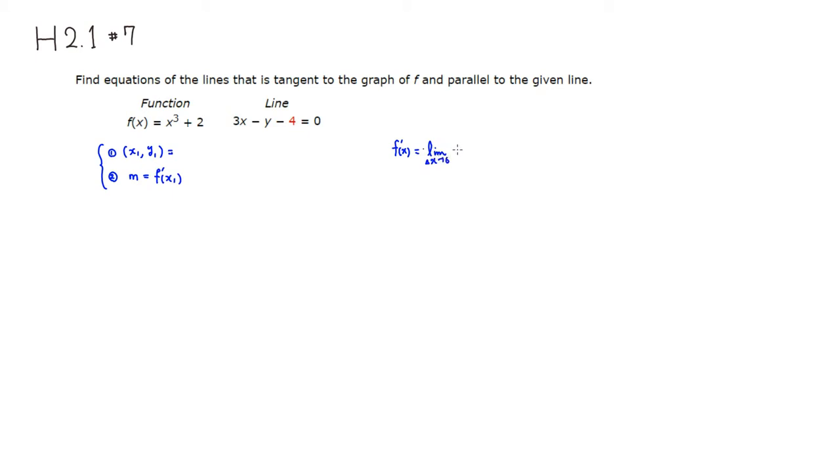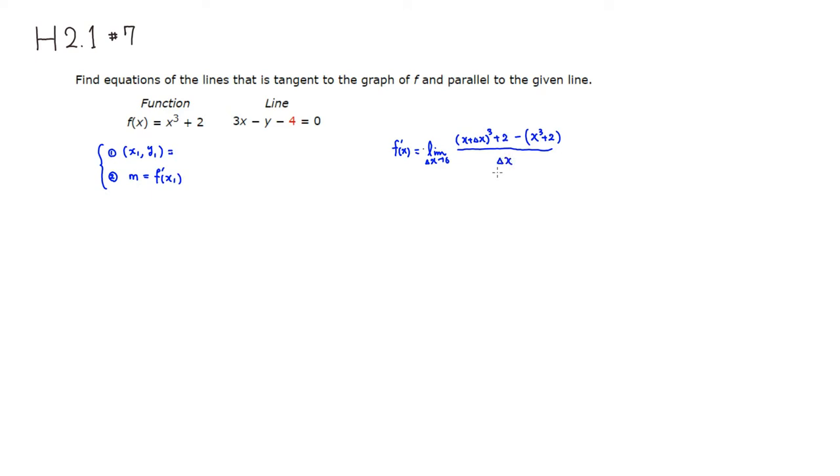Here the function is x cubed plus 2, so we're going to do (x plus delta x) cubed plus 2, that's f of x plus delta x, minus f of x, which is x cubed plus 2, and then we divide through by delta x.